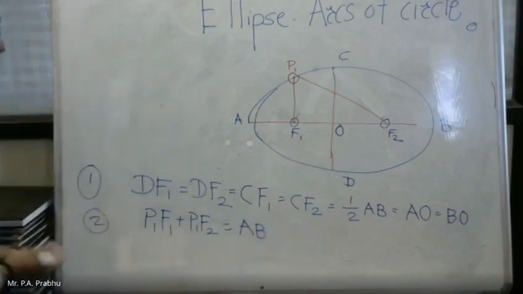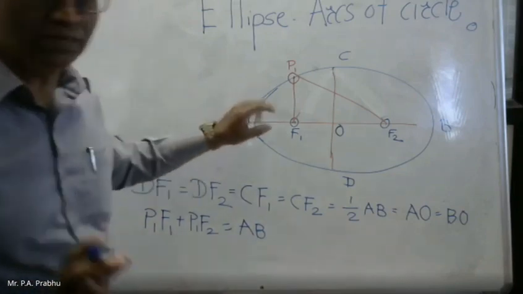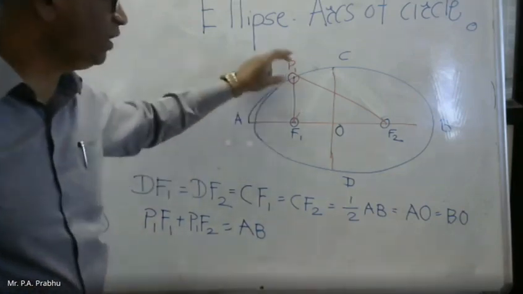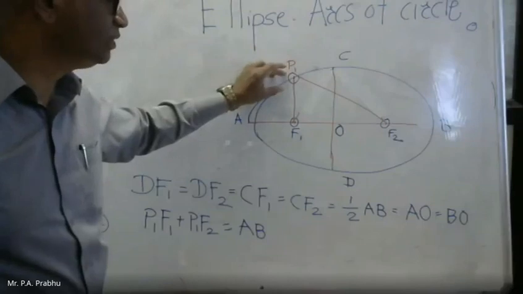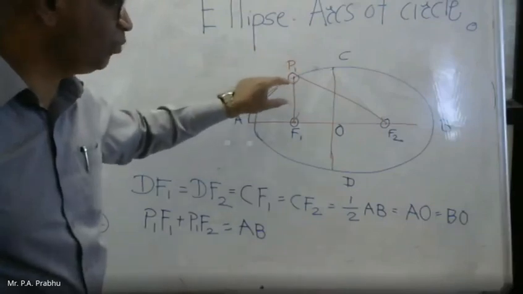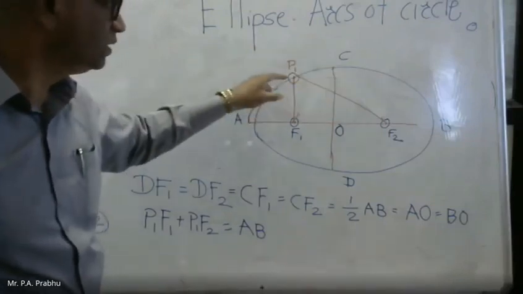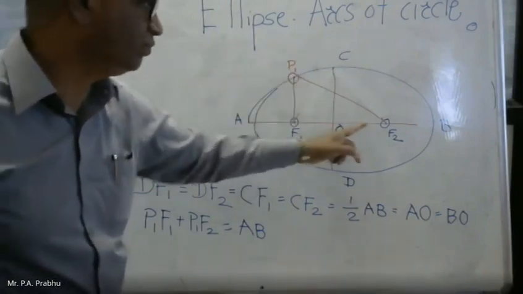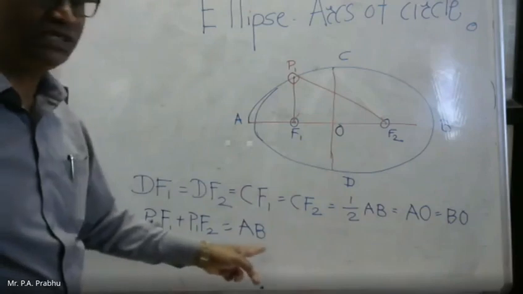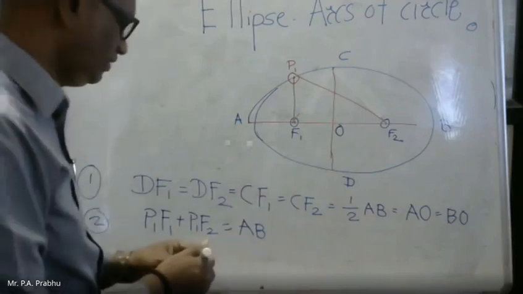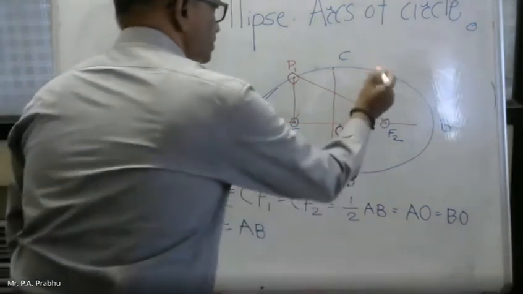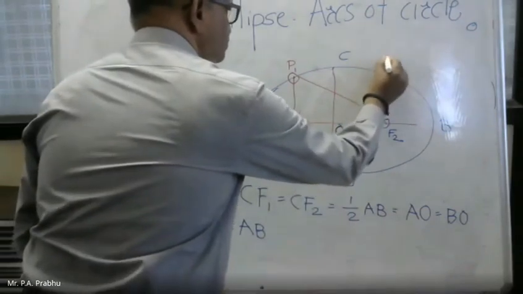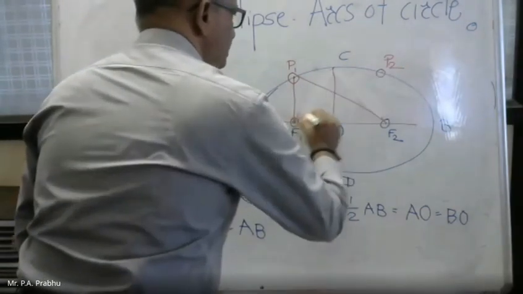What does the second property say? The sum of the distances of any point on an ellipse from the two foci. So choose any point on that ellipse. PF1 plus PF2 is equal to the length of the major axis. If I take another point, suppose P2, the same rule applies here.